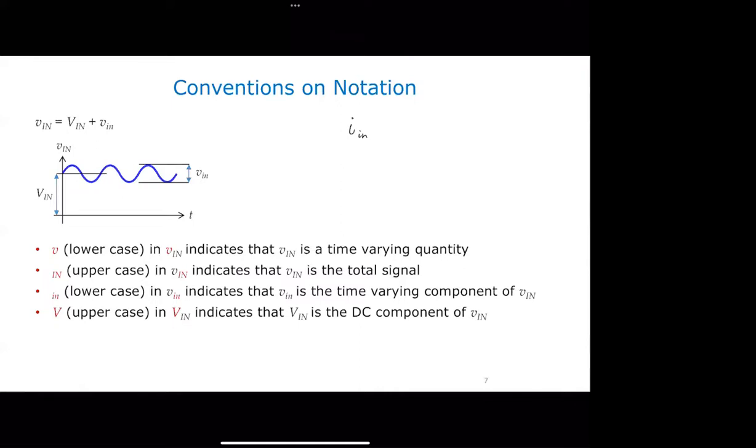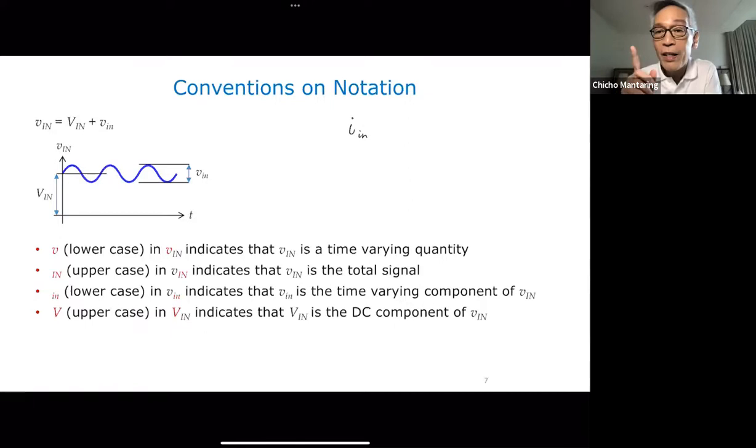Sir, is it that the current will vary with time? The current in quantity varies with time. Yeah. First of all, the quantity itself is time varying. That means this quantity itself is time varying. That's a lowercase i. But what is the significance of the lowercase in?